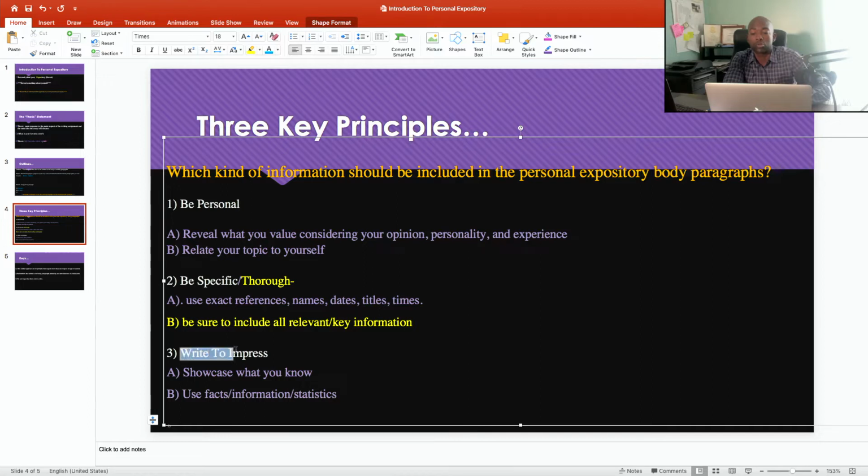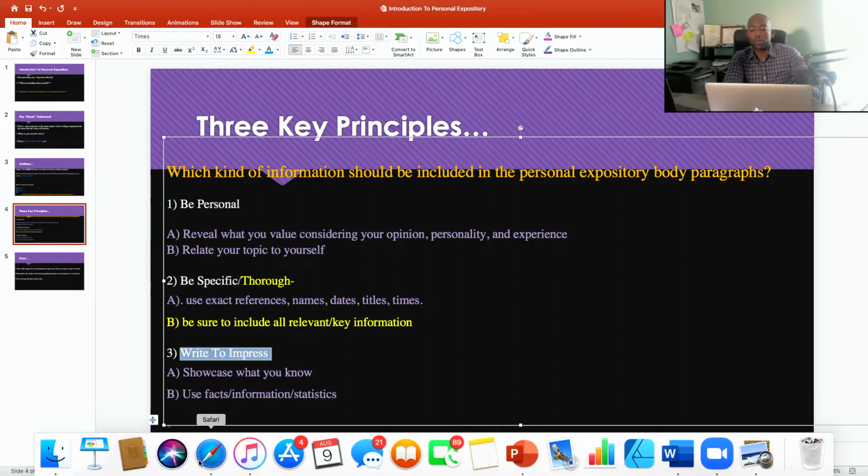And I'm trying to write to impress, which means I'm trying to really showcase what I know and share information that reveals what I understand. Okay, and so these are the 3 content criteria that I'm trying to accomplish inside of the body paragraphs when I write them. Okay, so let's look at the actual prompt itself.